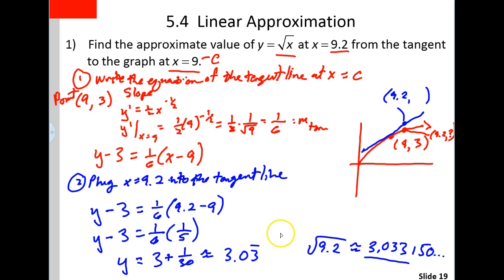Yes, it's actually very good. Now, is this an overestimate or an underestimate? If we look at our picture, the 3.03 repeating is a point above the point on the curve. So that would be an overestimate. So is 3.03 repeating more than 3.03315? Yes, obviously it is. So our estimate from the tangent line is 3.03 repeating.